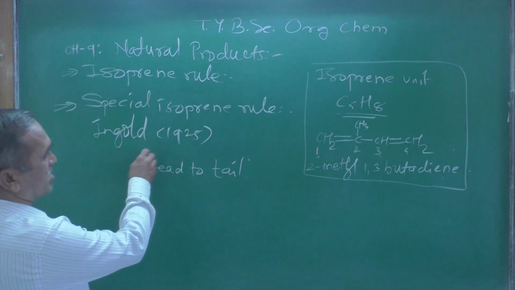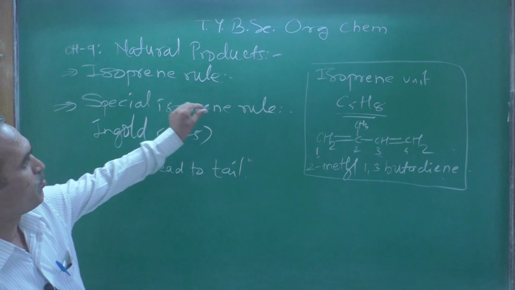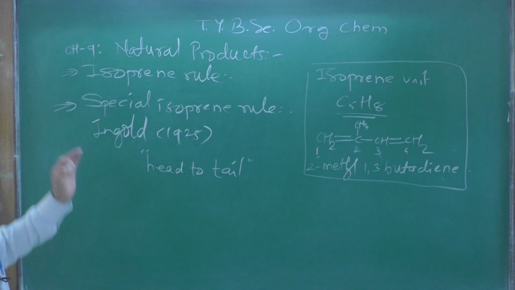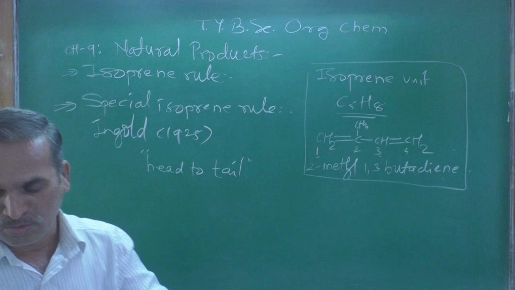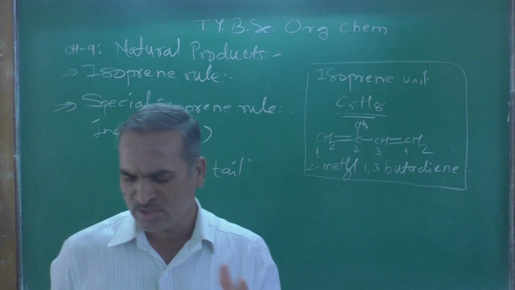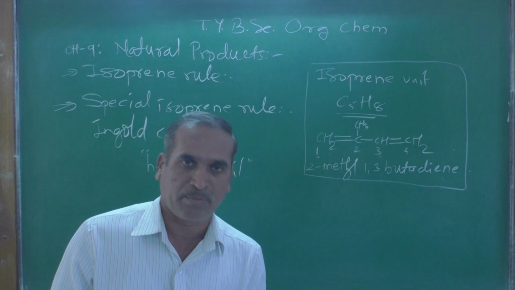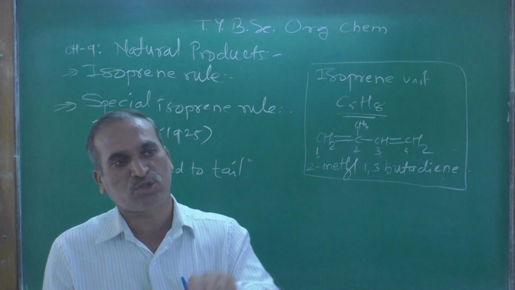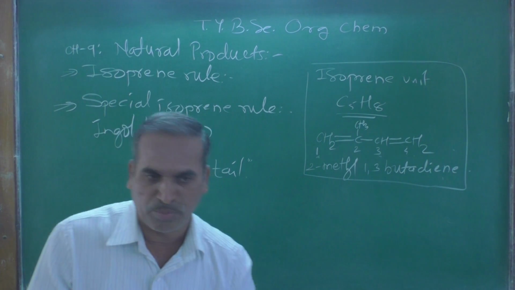This word is very, very important as far as the special isoprene rule is concerned. Isoprene rule means the skeleton structure of all naturally occurring terpenoids is built up of two or more isoprene units.